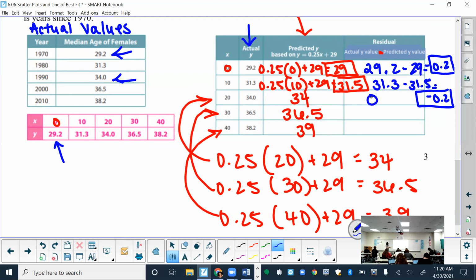So this one is 0. What about when x is 30? What's the residual? Actual minus predicted, 36.5 minus 36.5. Good. What's the residual when x is 40? -0.8. Because it's actual minus predicted, 38.2 minus 39. Questions on how we found that?